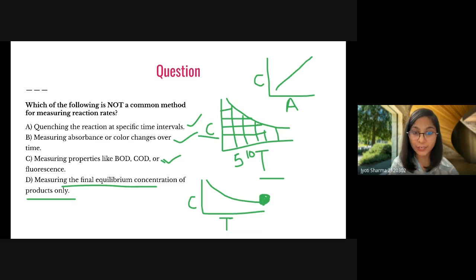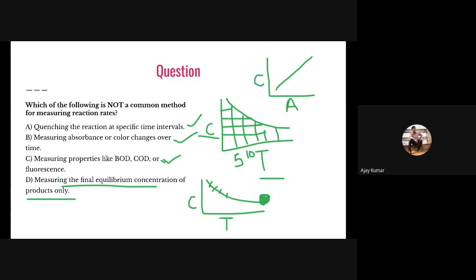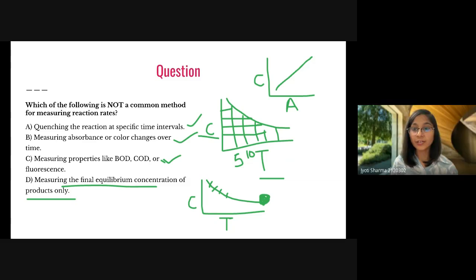For reaction rate, I should have a value here, here, and here, so that I can get to know whether my equation is linear in nature or quadratic in nature. Based on that only, I can judge what kind of reaction rate it is. So my D option will be right.